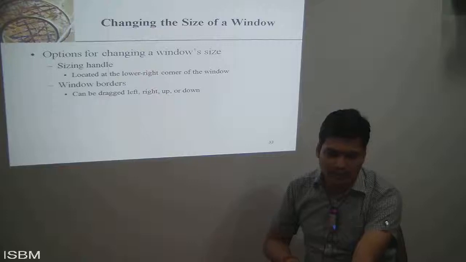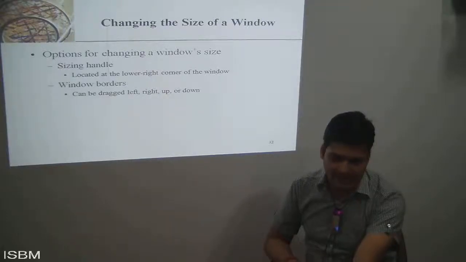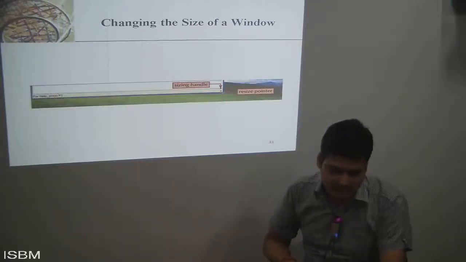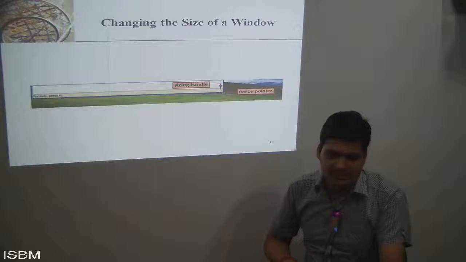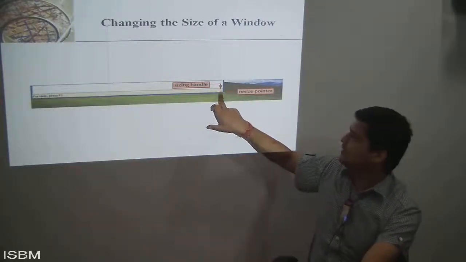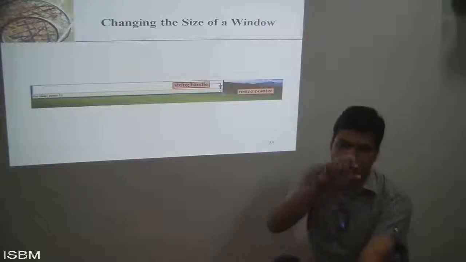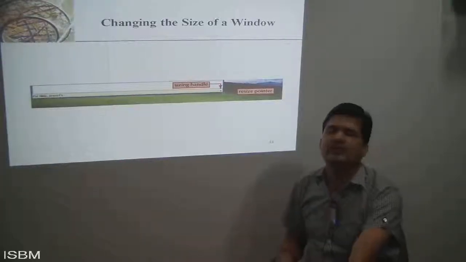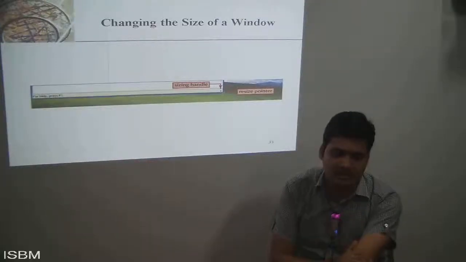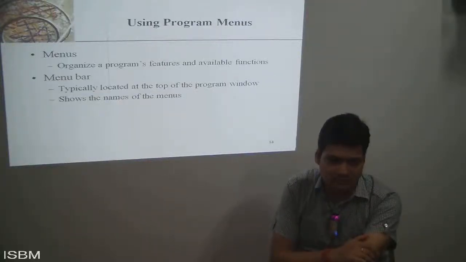Locate the lower right side of the window and it can be dragged left, right, up and down, whatever you want. Window border, sizing and the resize pointer, it will show over here. Then drag and drop, just like what we mostly do in Paint. We can do the same thing in sizing the window.